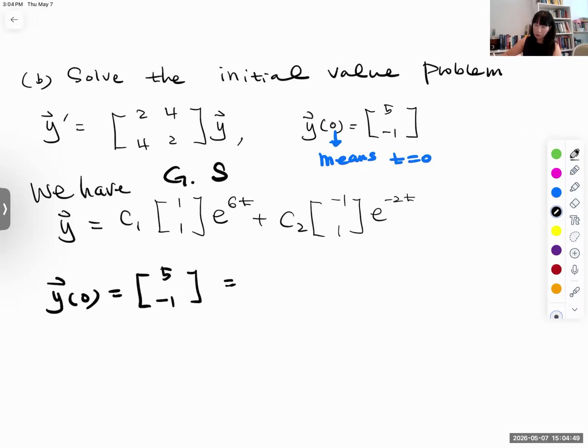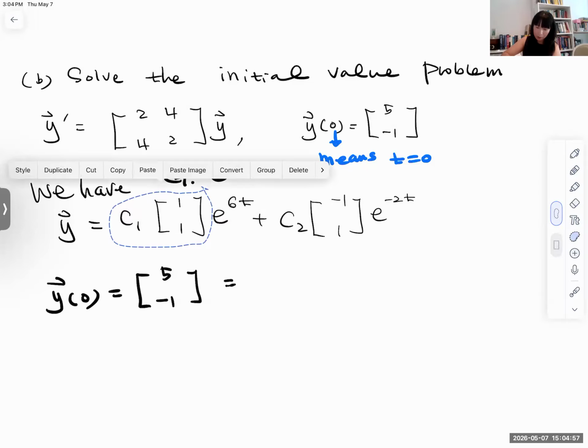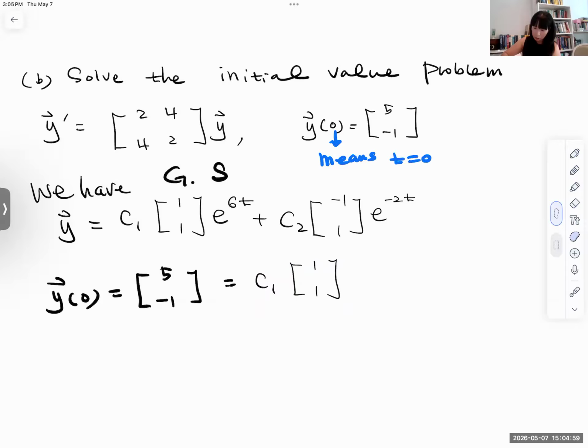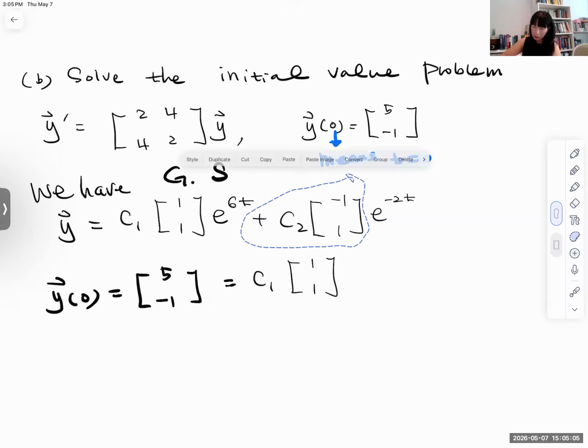Equal to, I want to write down this one, because any e function with 0 power is 1, right?